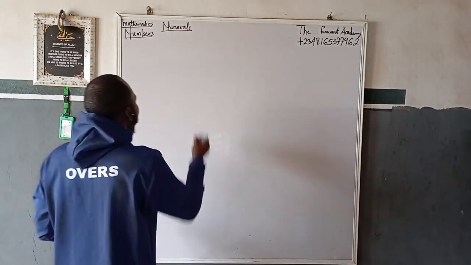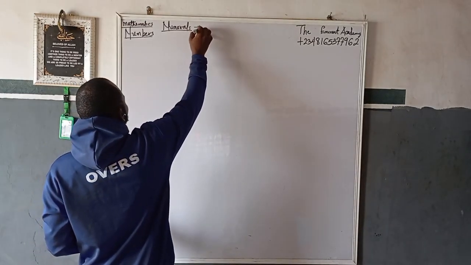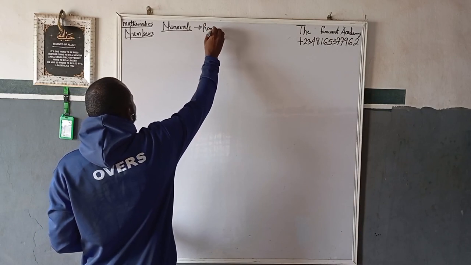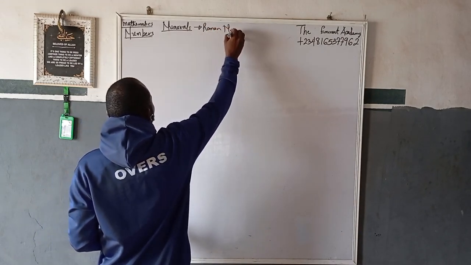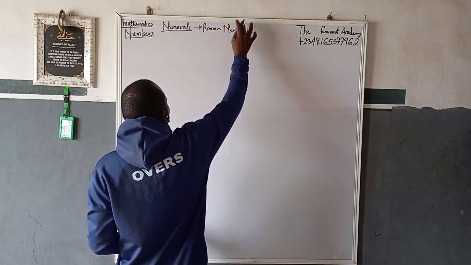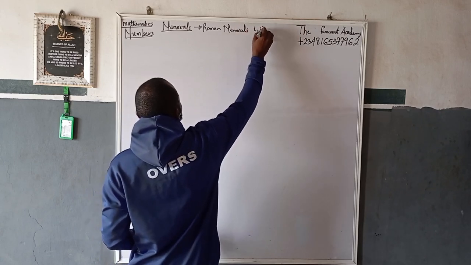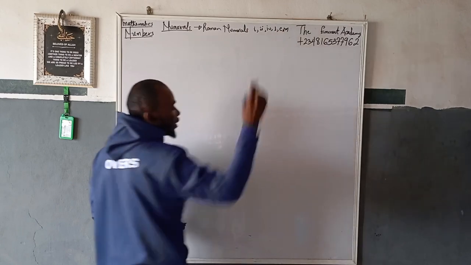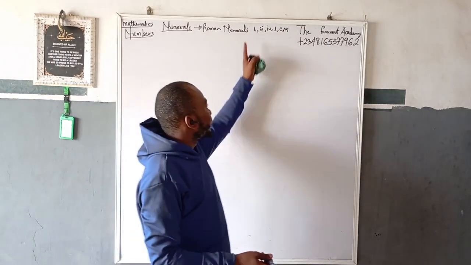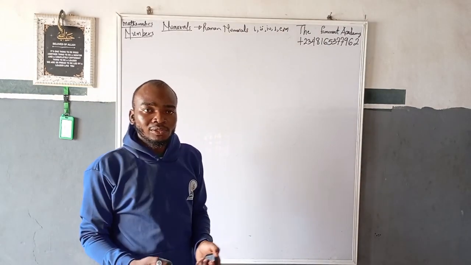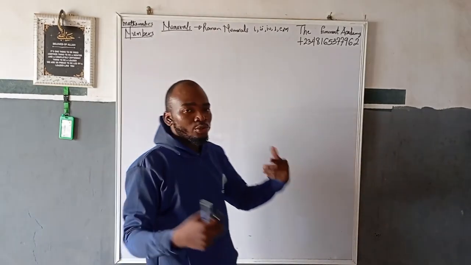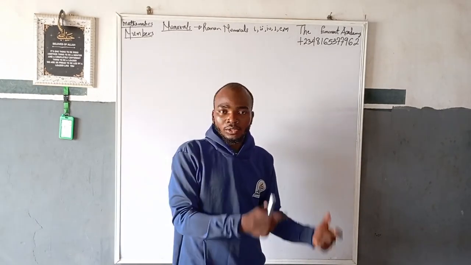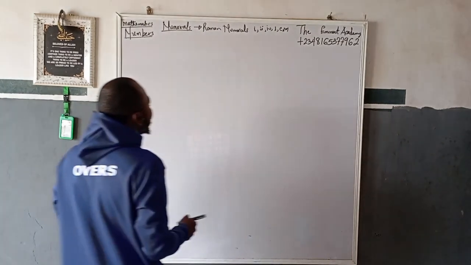An example of that are the ones that we call the Roman numerals, the likes of I, IV, L, C, M, in that respect. These are the Roman numerals, that is the symbols used by the Romans to represent numbers.